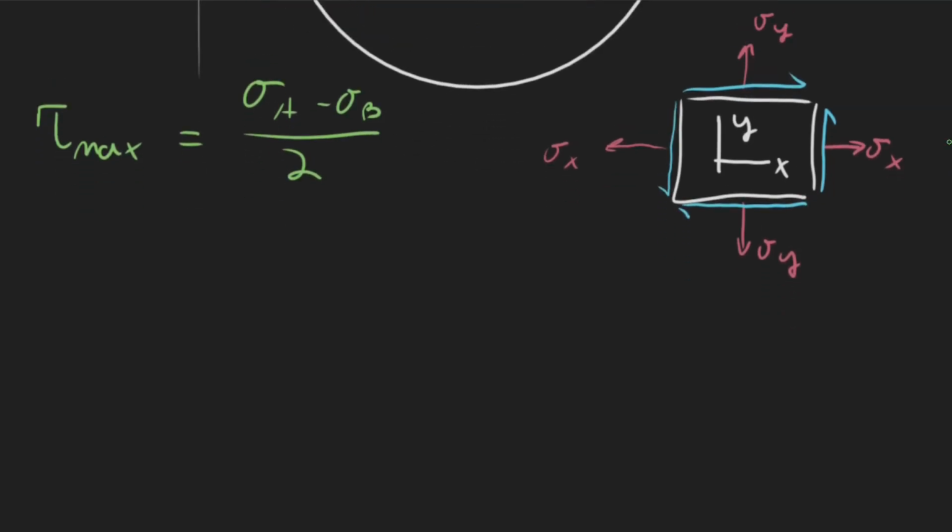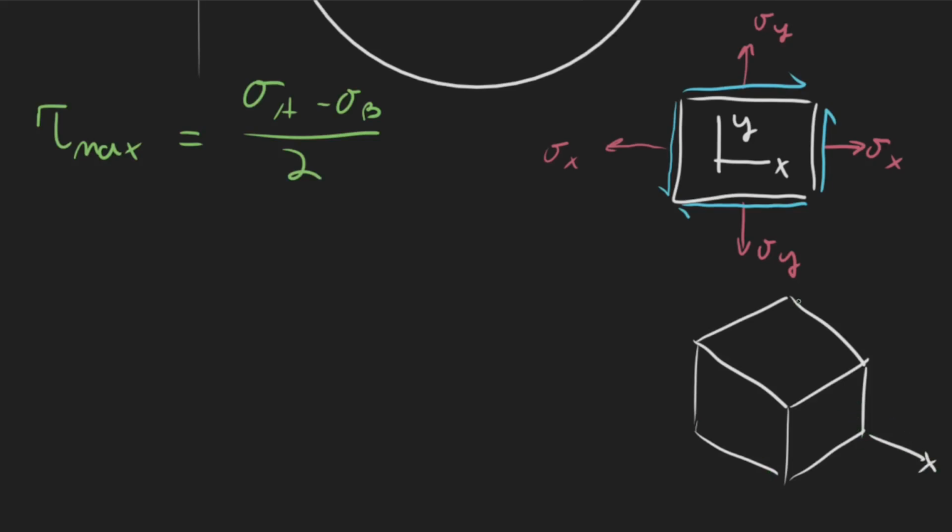In reality, we would have a cube that would look something like this. But the assumption that we made, because we only looked at the angle in 2 dimensions, is that everything outside the xy plane equals 0. If we imagine this is our xy plane, this vertical is y, and then we have a z, we only have stresses in this direction right here.